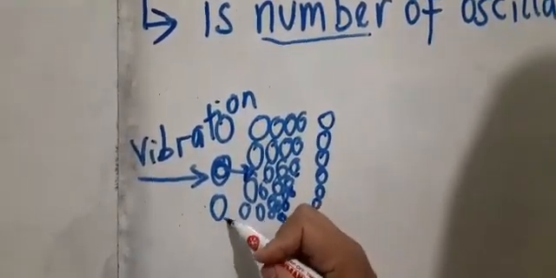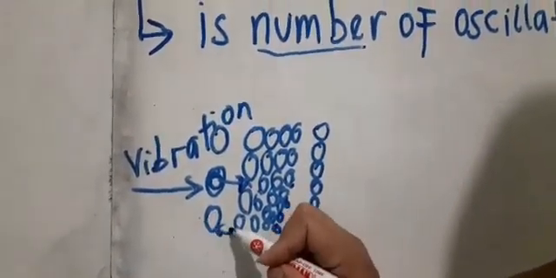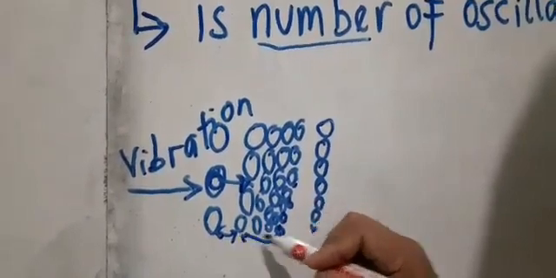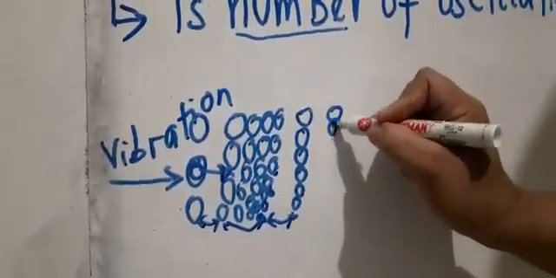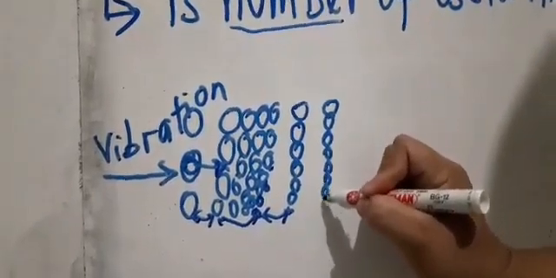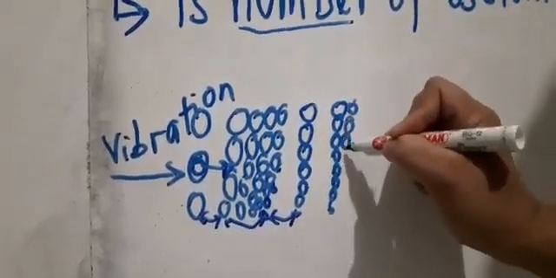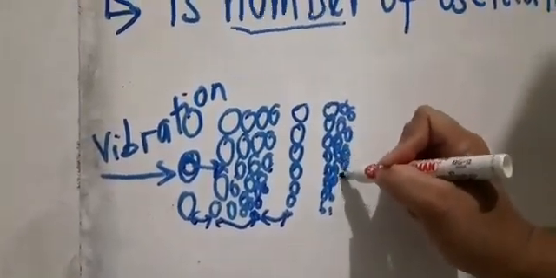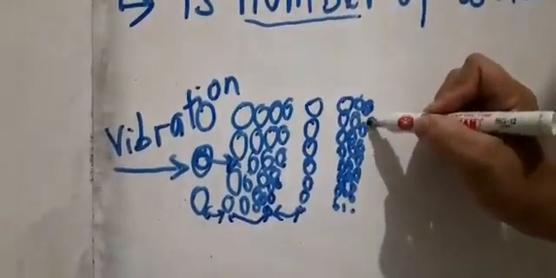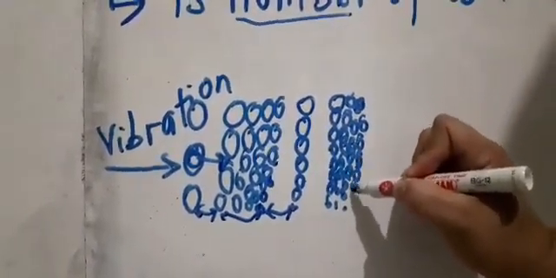So this is rare space, this is dense space, and this is rare space, and this is dense space, or rarefaction, contraction, rarefaction, and contraction, which happen when the sound is transferred through the air.